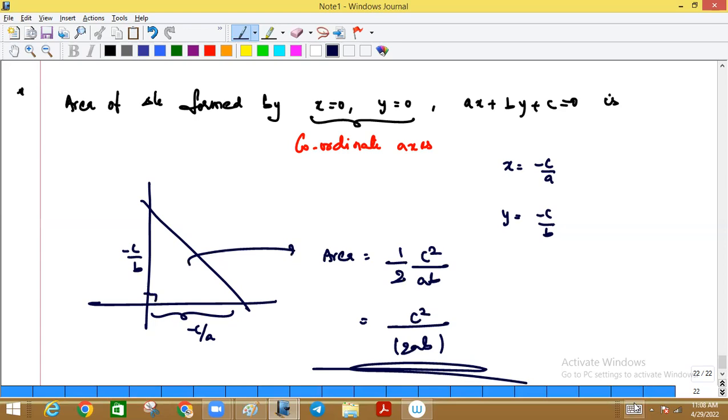Length is also positive. But when I say x-intercept and y-intercept, they can be negative because that indicates whether it is cutting the positive x-axis or the negative x-axis. But length will be positive only. So area is also positive. And what is the area formed by a line with the coordinate axes? c square by mod 2ab. Okay.